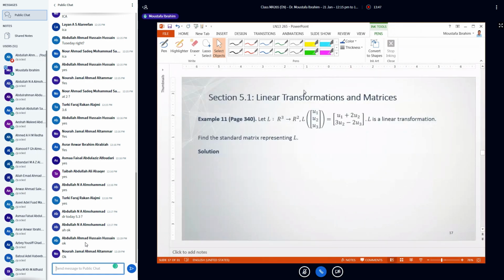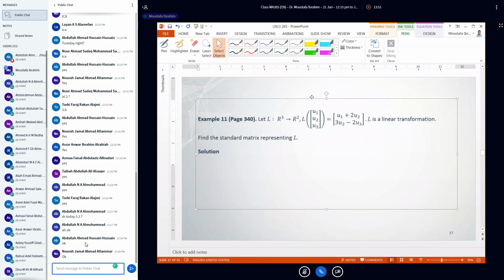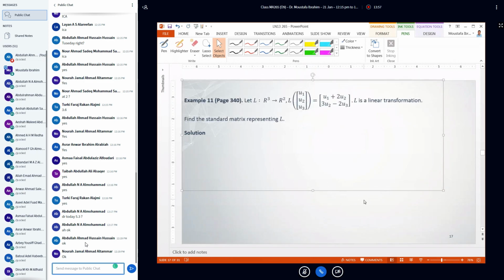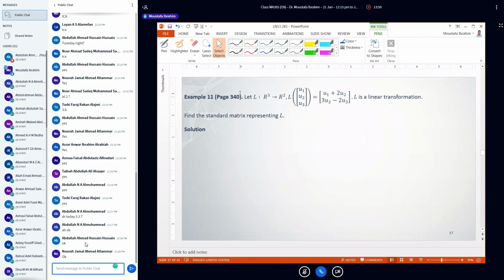Okay, Khalifa. Look, guys, let's read. We have example 11, page 340. We have L from R3 to R2 defined by, you see, input u, we have L of u, correct?